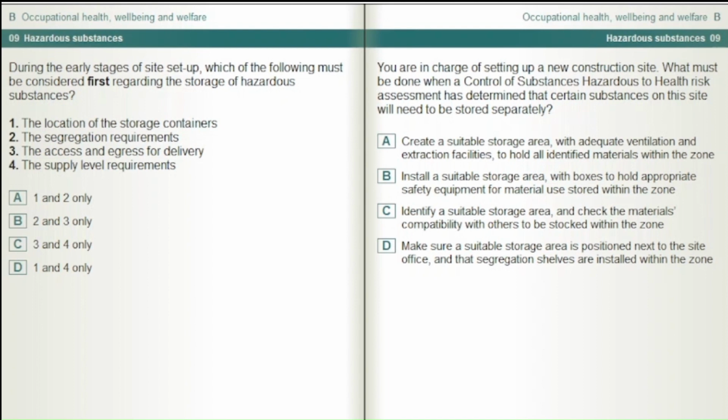Install a suitable storage area with boxes to hold appropriate safety equipment for material use stored within the zone. Identify a suitable storage area and check the material's compatibility with others to be stocked within the zone. Make sure a suitable storage area is positioned next to the site office and that segregation shelves are installed within the zone.